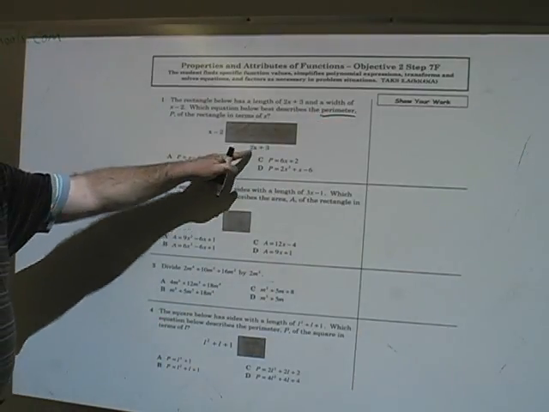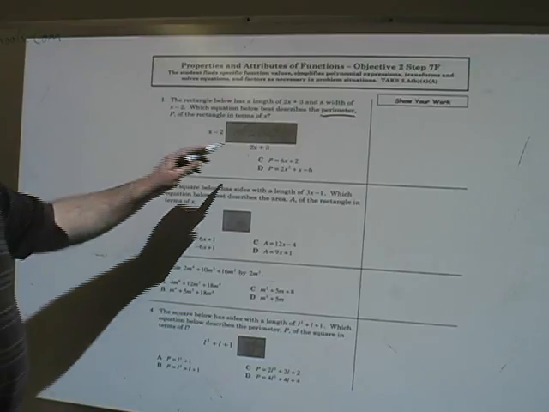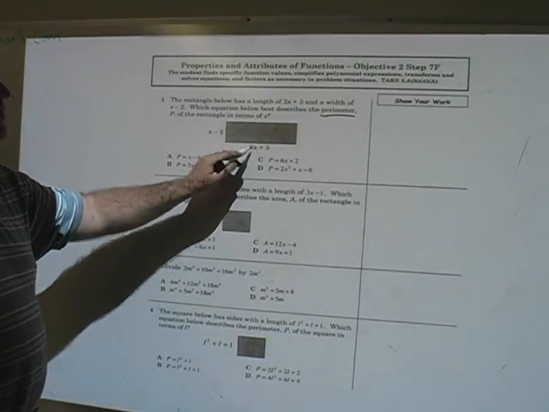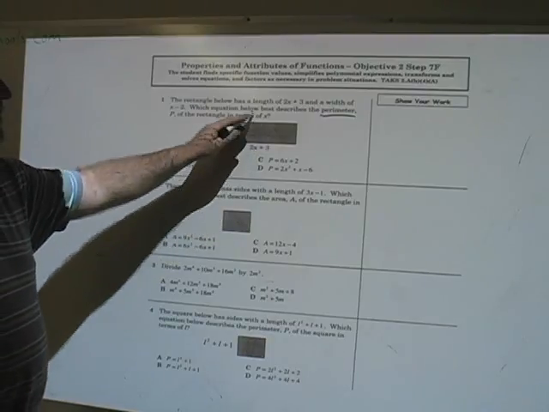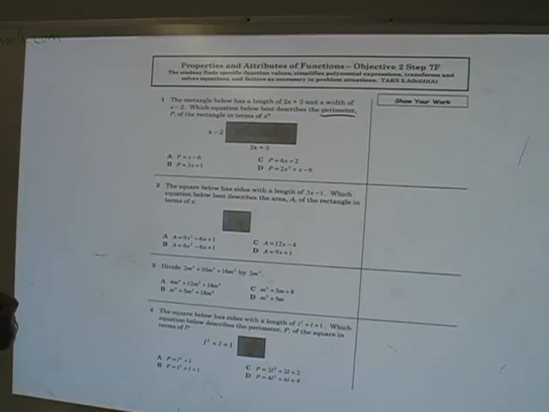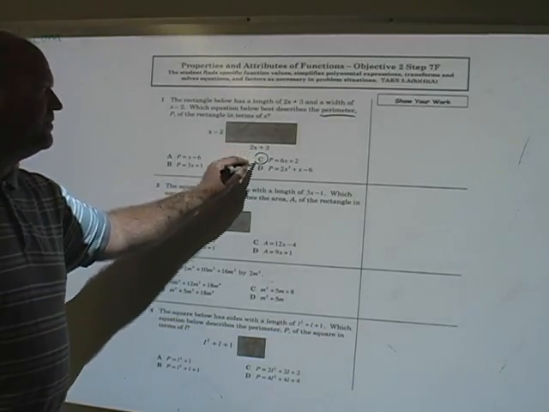And when you add these up, you should get 6x plus 2 when you add all 4 sides up.